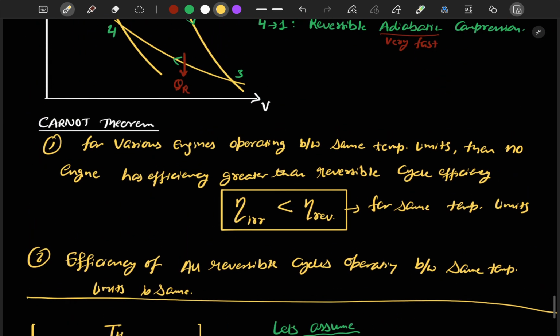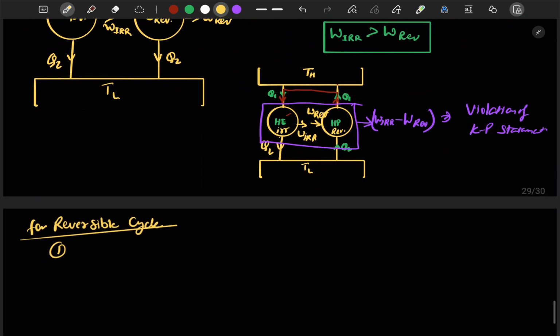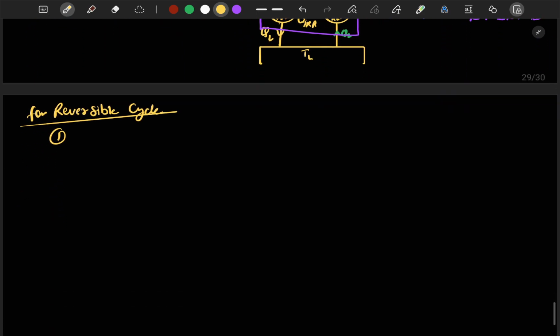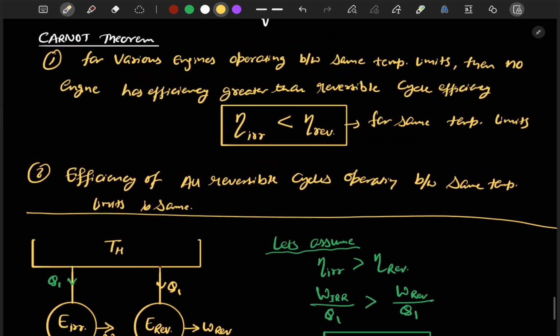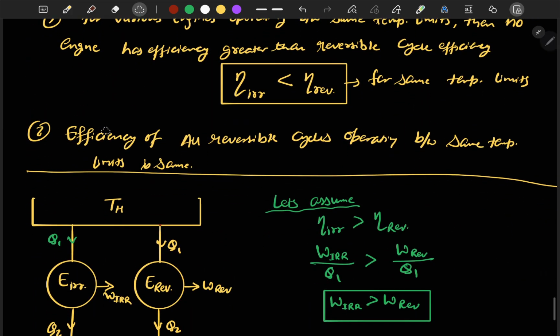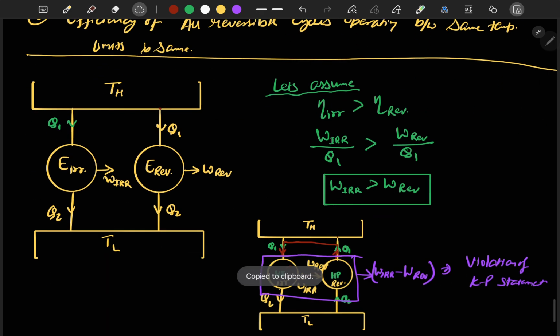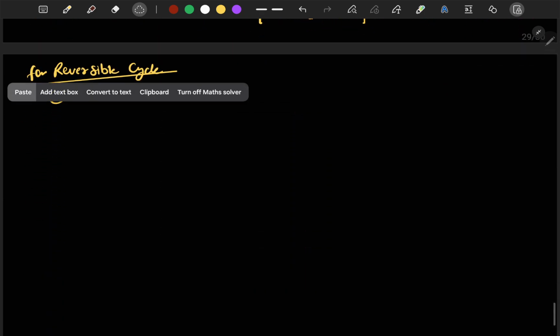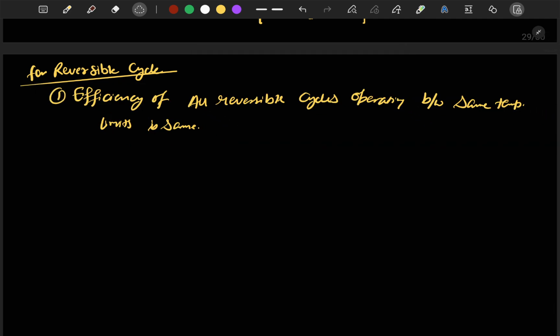I have already mentioned these points, but I will write them here. First, the efficiency of various reversible cycles between the same temperature limits is the same. Second, eta for a reversible cycle is independent of the working fluid.